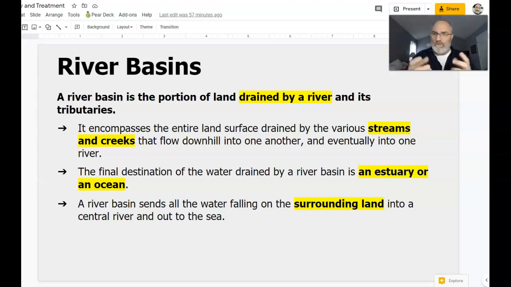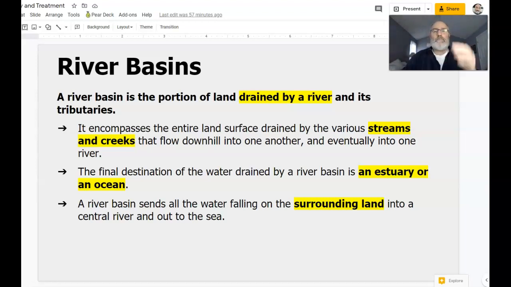See, here's what a river basin is. Every drop of water that falls onto the surface of the earth is either going to end up in groundwater, in those aquifers we just talked about, or it's going to drain off into a river and then be carried out to the ocean. Listen to that again.